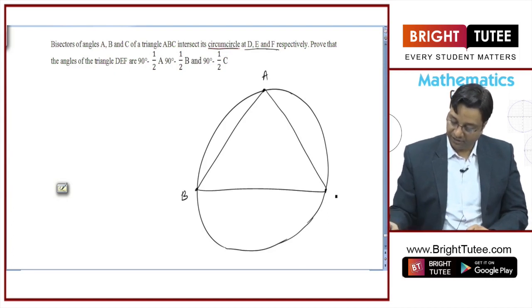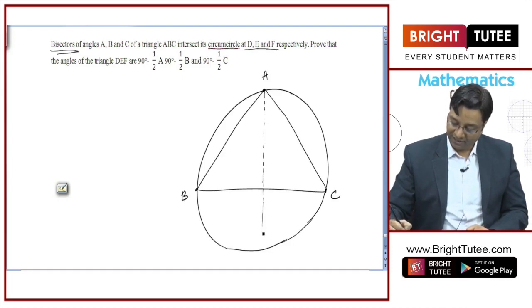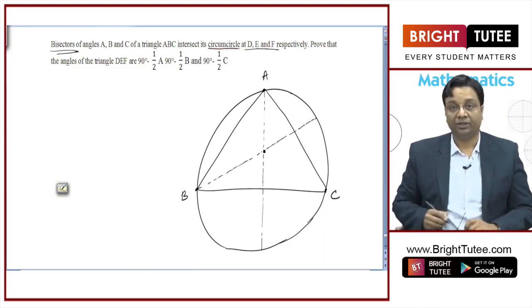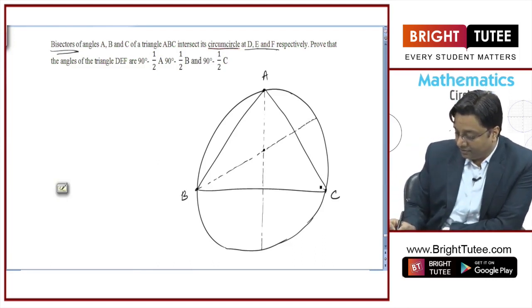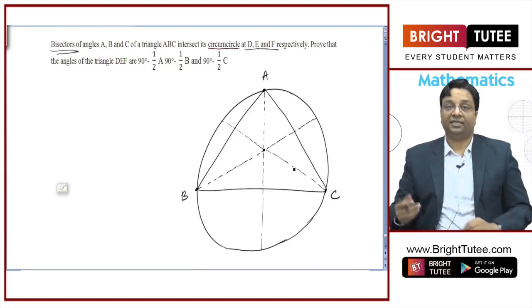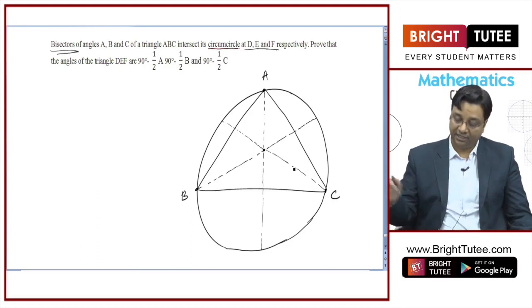Bisectors of angles A, B and C. So if I draw a bisector of angle A, bisectors of angles of a triangle pass through the same point, right? What is this point? This point is also known as the incenter. When angular bisectors intersect at a point, this point is known as the incenter.